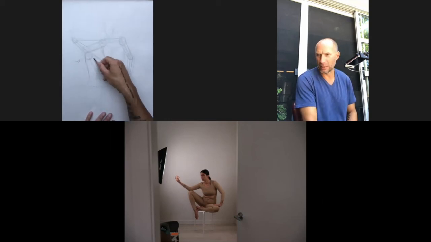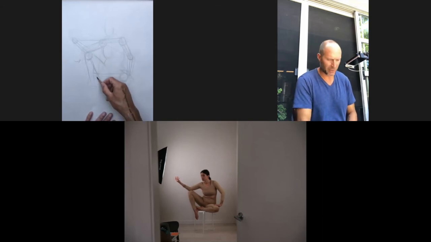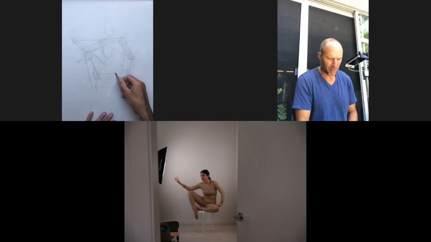So I've basically limited the amount of things that can go wrong with the drawing. Likewise, I can guesstimate how big that chunk of negative space is there. I can tell that this foot is wedged up underneath that foot, and as a result, has to be something like that, because I've closed this space down with the position of the two legs.